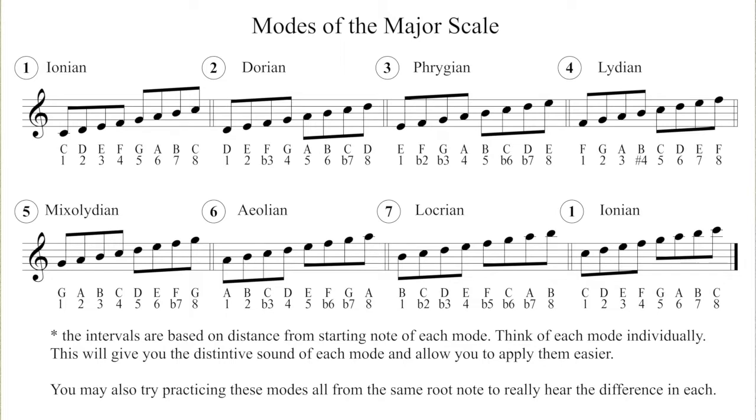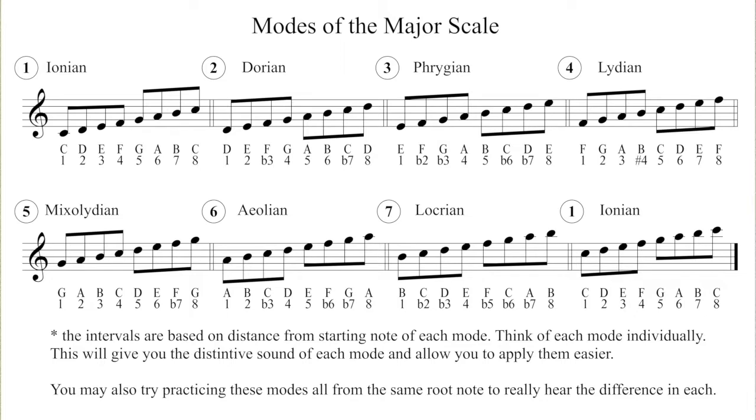You'll see the intervals written below. Each interval is specific to that mode, so we would start on each root note, or the 1, for those intervals. The major scale we've talked about, so I'm going to scoot past that one a little bit, but Dorian is going to work over your minor 7th sounds.